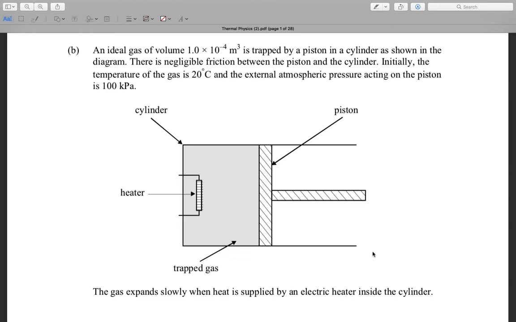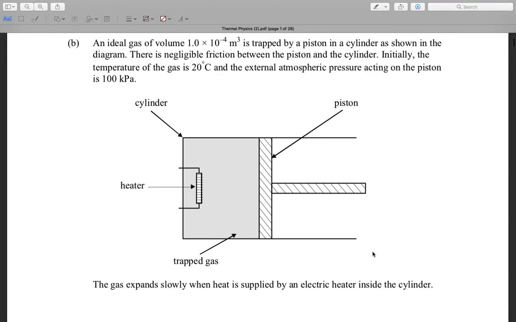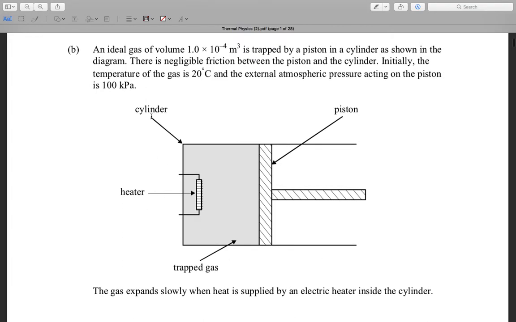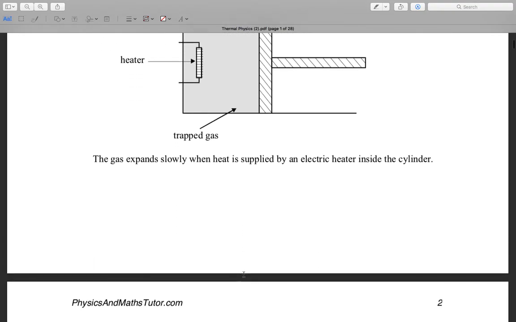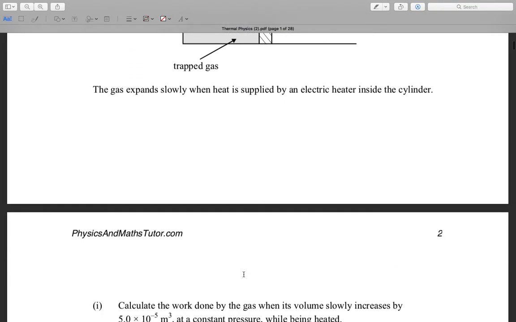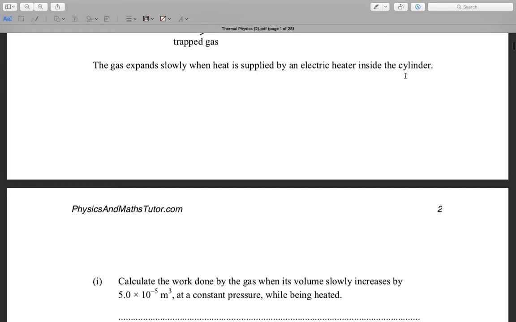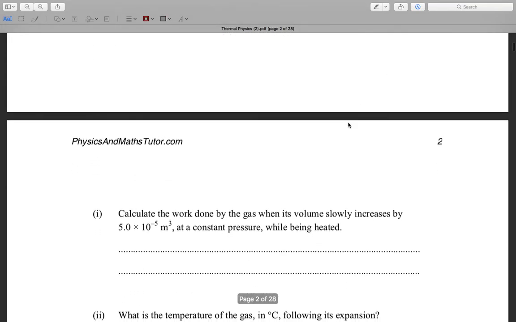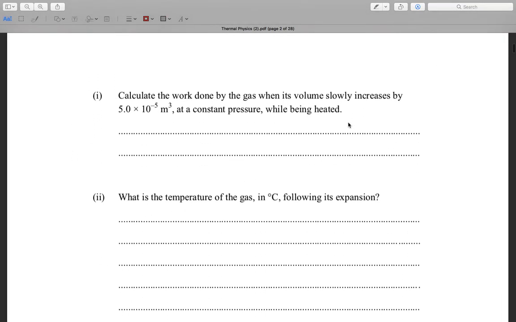We see the heater, cylinder, piston, and trapped gas. The gas expands slowly when heat is supplied by the electric heater inside the cylinder.